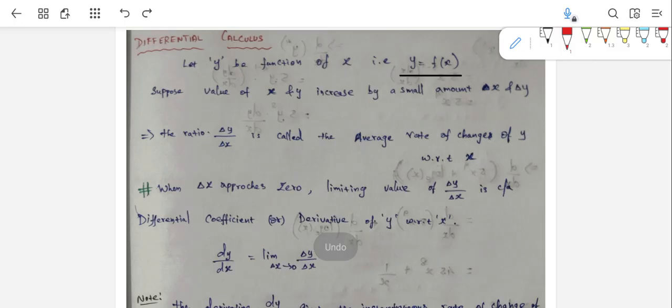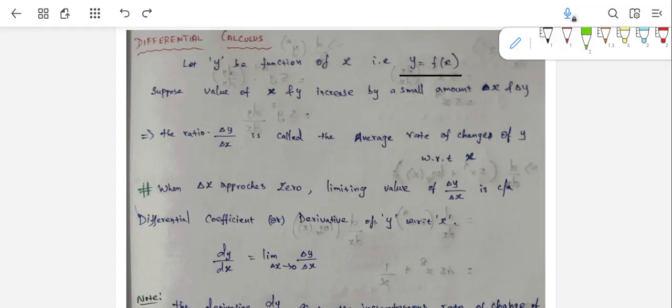So when there is an expression or quantity y which is a function of x, suppose both the values x and y, some quantities, increase by a small amount.